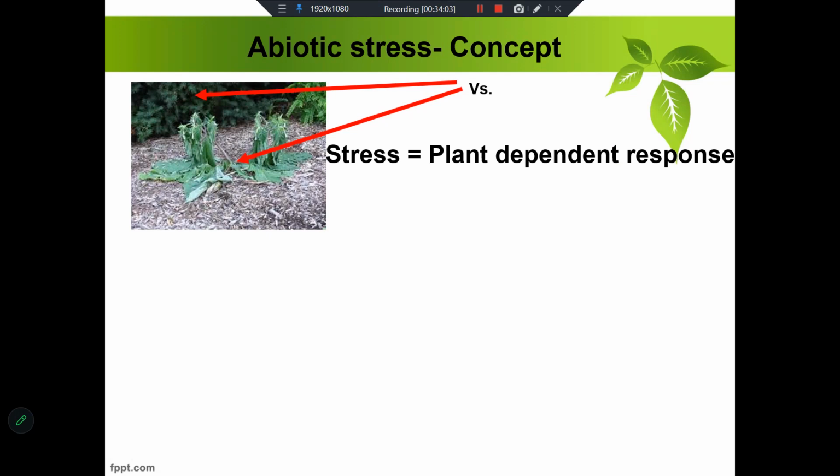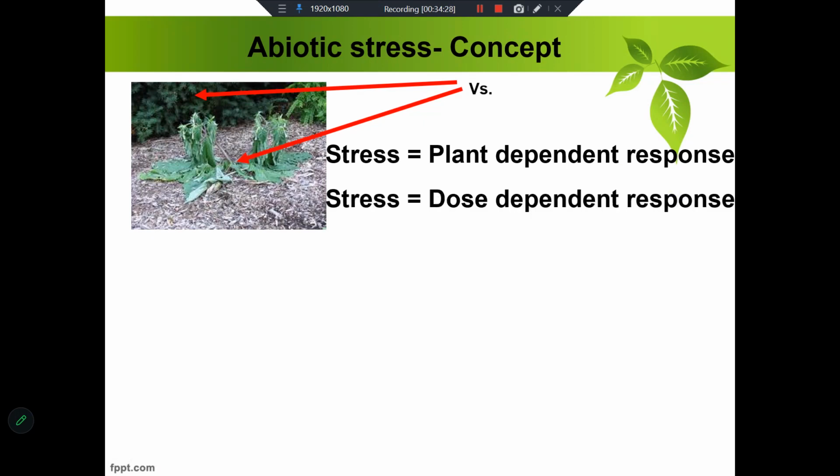Okay, and that also means species dependent. Depending on the species, there's one species in the back, one species in the front. The front one is wilted, the other one is growing well. So the abiotic stress is a plant dependent or species dependent response.